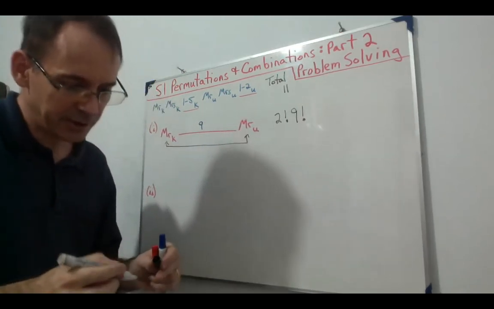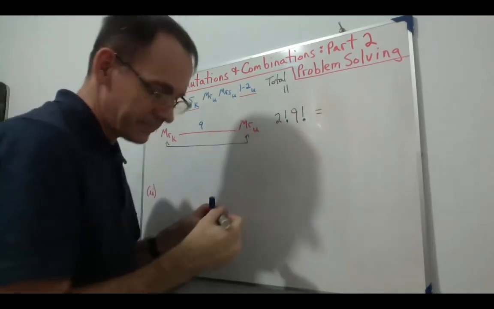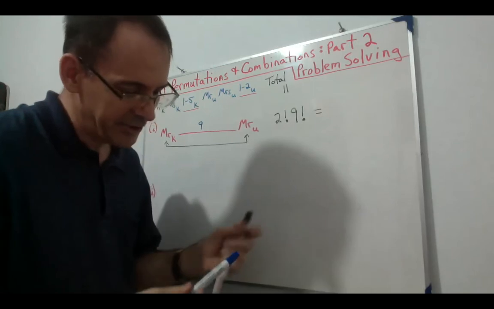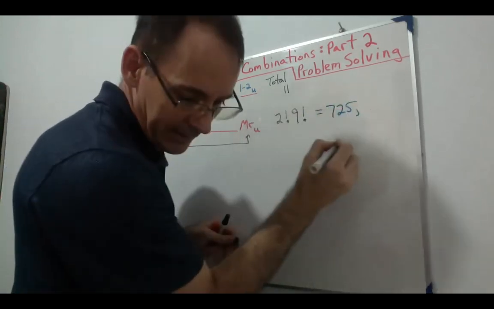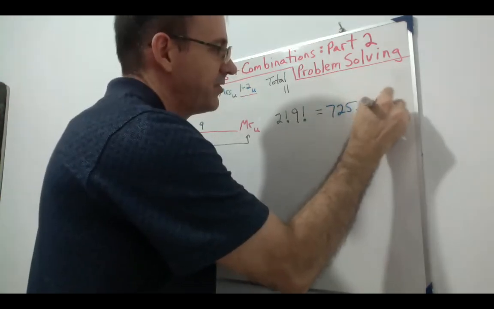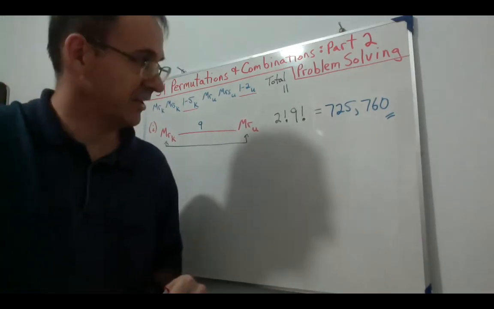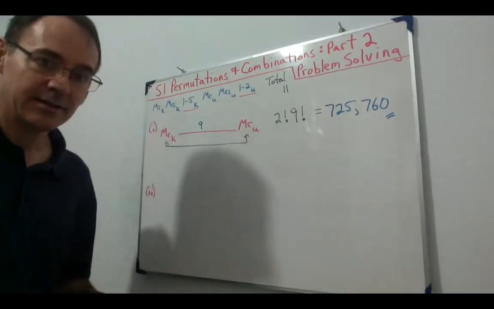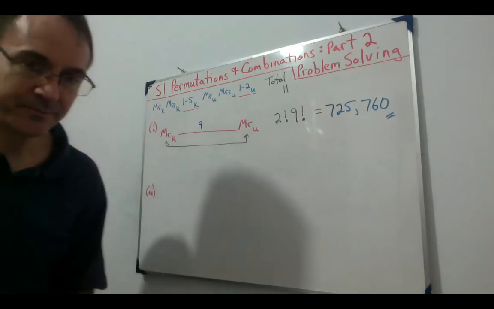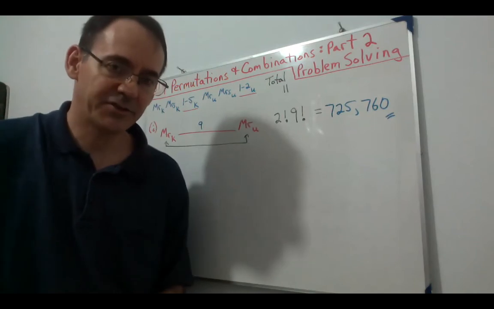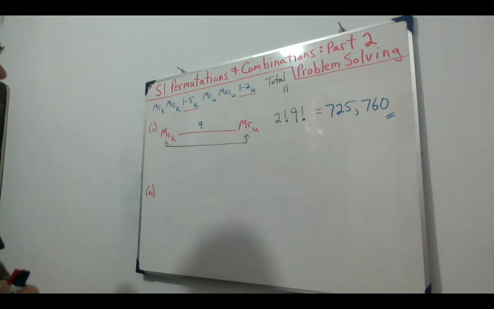So 2 factorial times 9 factorial comes out to 725,760 different ways of arranging these 2 families with the restriction that Mr. K and Mr. U are at either end.